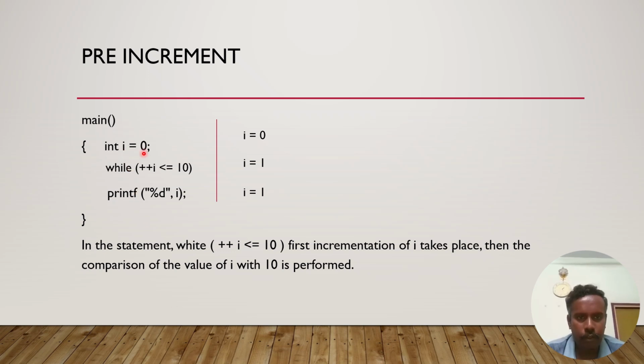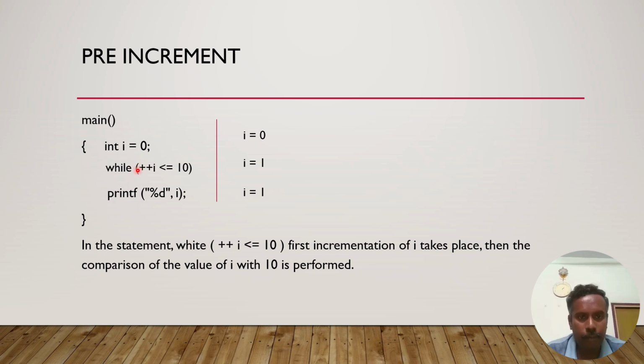Here i is equal to 0. What happens here? Since plus plus comes before i, i becomes 1. I becomes 1 and then we are calculating whether i is less than or equal to 10.